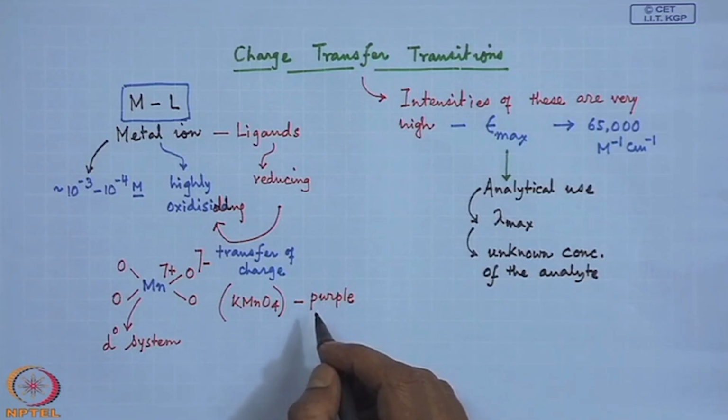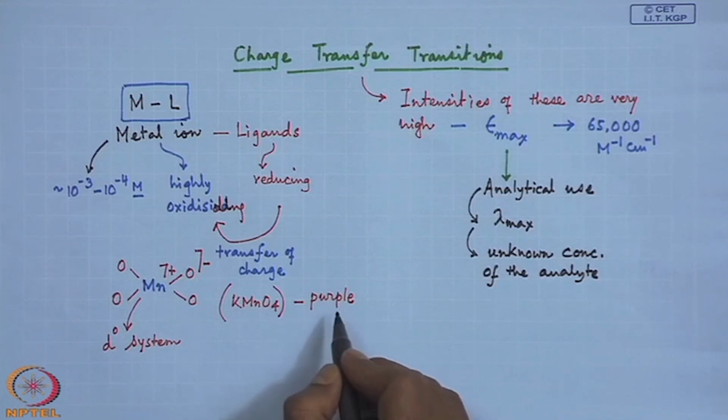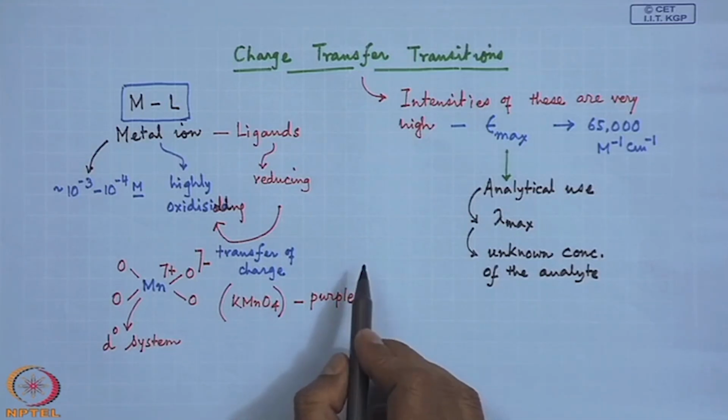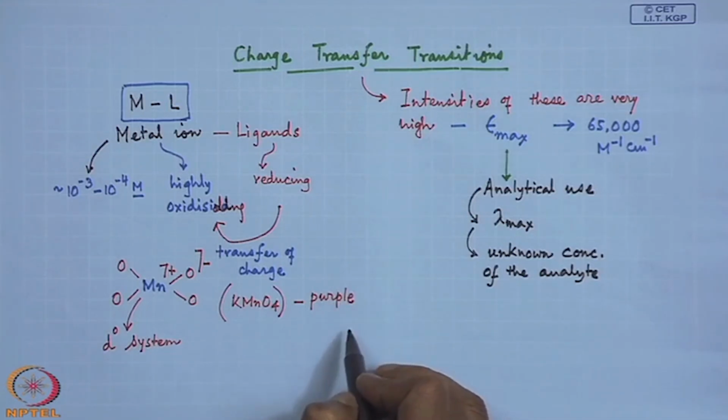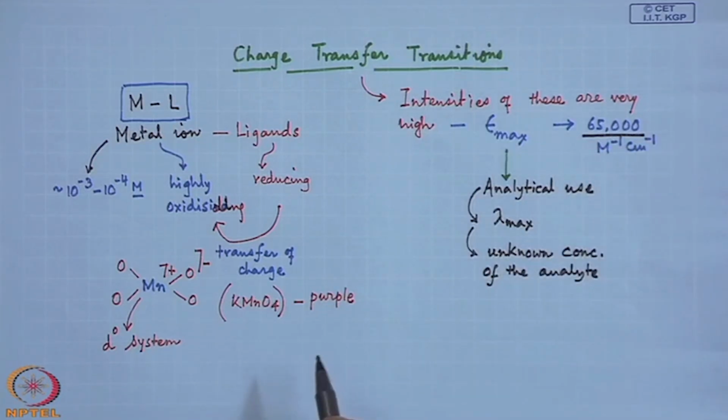In solution, if we take a sample of potassium permanganate, which is highly soluble in water, and measure the electronic spectrum, we find the characteristic absorbance related to the lambda max values, and the epsilon max is also pretty high, in the order of several thousands.